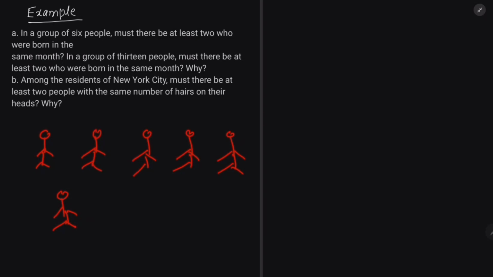The answer is no, since the first person can be born in January, then the others in February, March, April, May, and June. So it is not necessary that two of the six people are born in the same month.